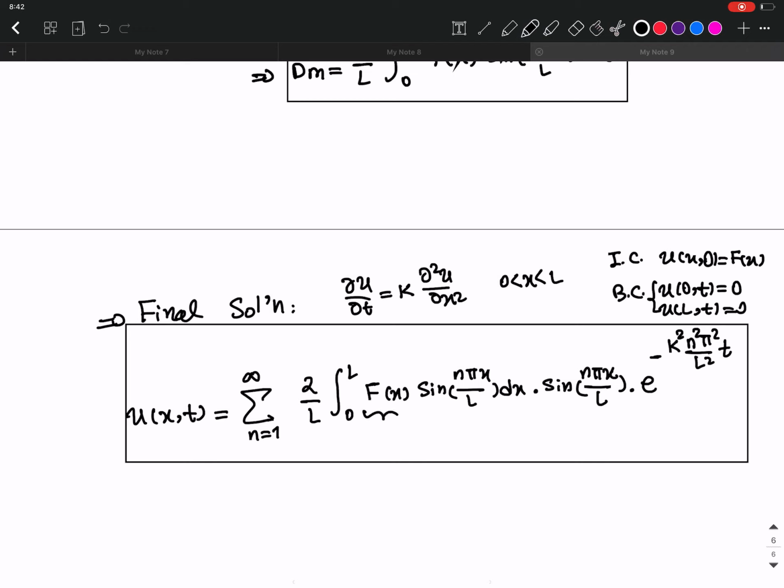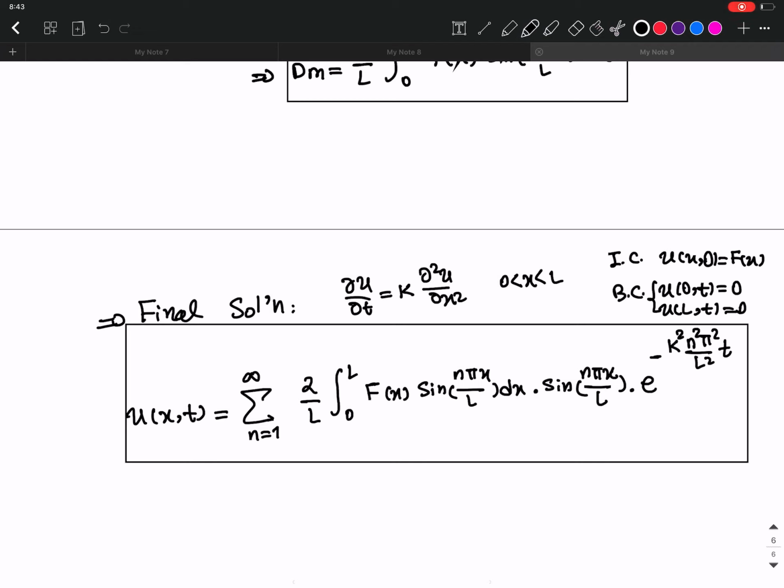And as you see, f(x) can be a general function of x, which is the initial condition. For example, you can just set it to 0, and then the whole thing here is going to be 0, right? So there is no heat transfer with this equation if your initial condition is also 0, because the boundary conditions are already 0.